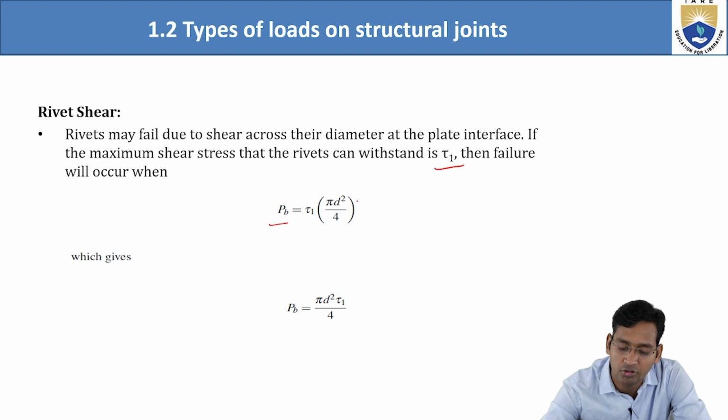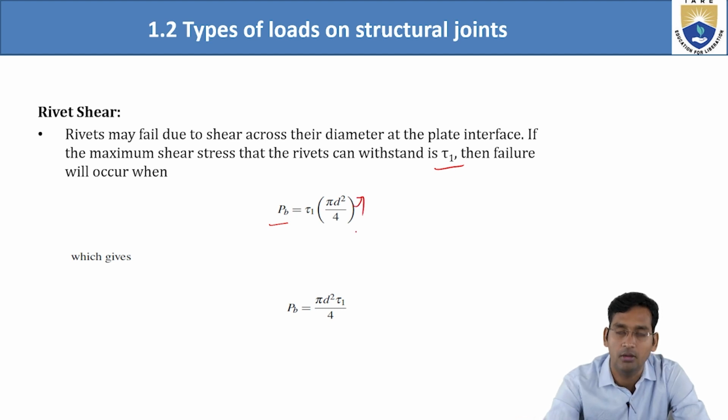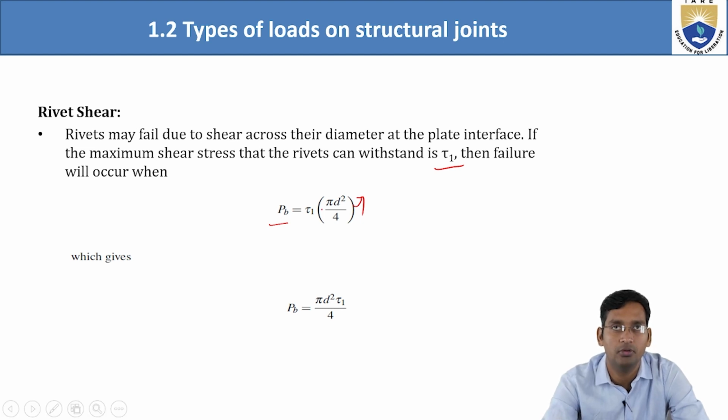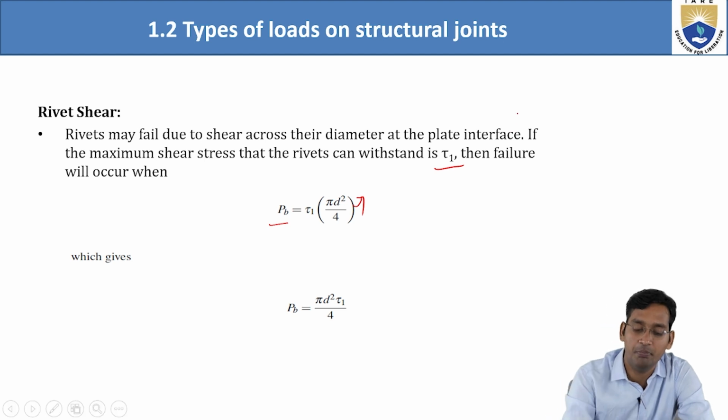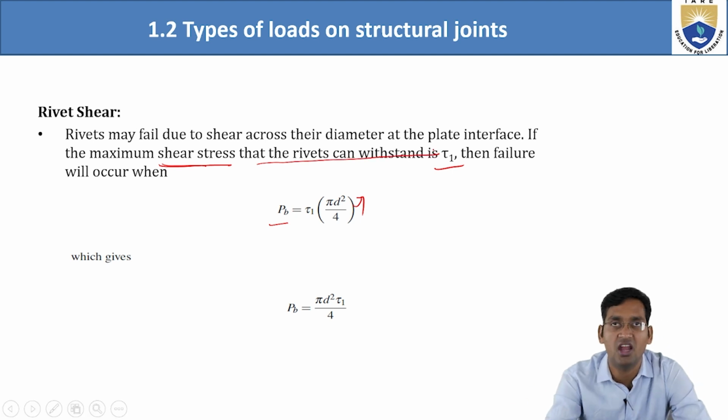So pi d square by 4 is what? Area. Force by area is what? Pressure, right? So the rivet may fail due to shear across the diameter at the plate interface if the maximum shear stress that the rivet can withstand is tau 1. So how much can it sustain? Tau 1. Then failure will occur when?